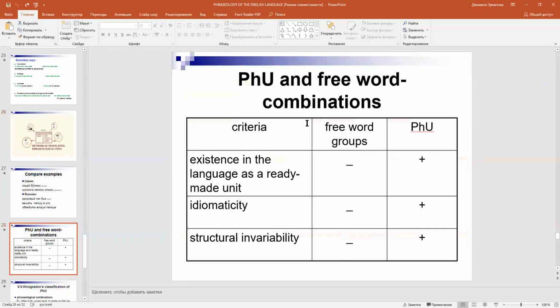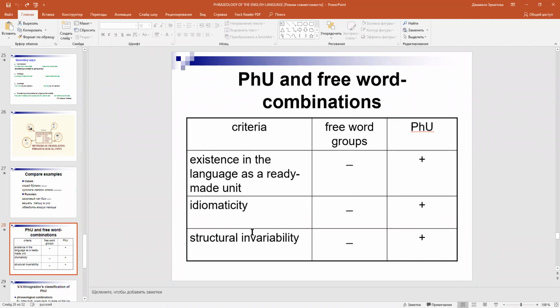So, phraseological units and free word combinations. Criteria for both free word combinations and phraseological units. So the criteria, as we have already mentioned above: existence in the language as a ready-made unit, idiomaticity, structural invariability.